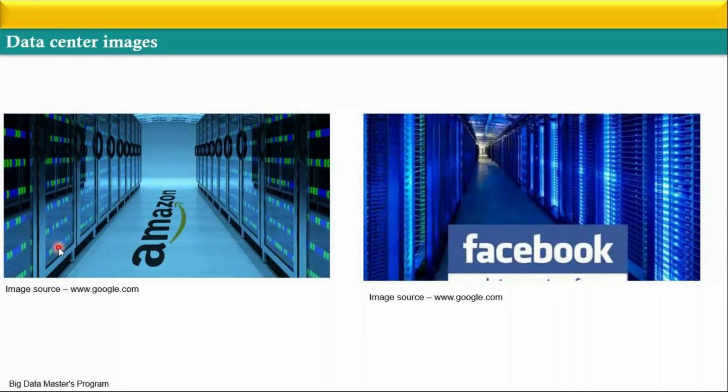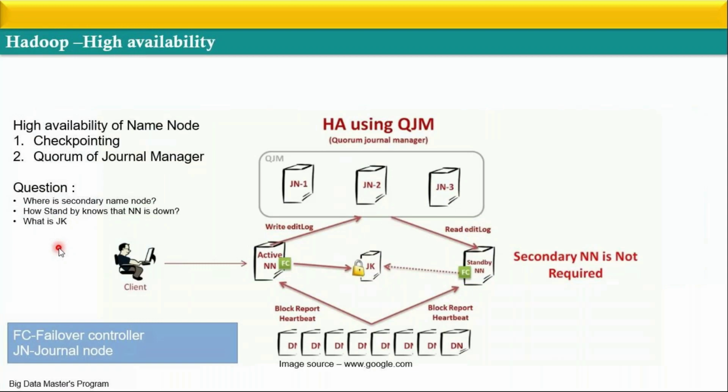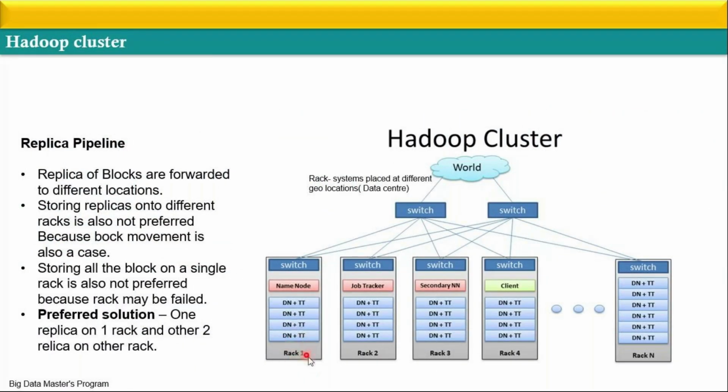Say I'm running a data center for a big organization like Airtel. Airtel has one data center in Delhi, another in Mumbai, a third in Bangalore, a fourth in Australia. In those data centers we have different racks, and it might be possible that one rack is placed in one location and we have framed a cluster with different racks in geographically separate locations. These racks communicate with each other in order to serve the purpose of storing and processing the data.